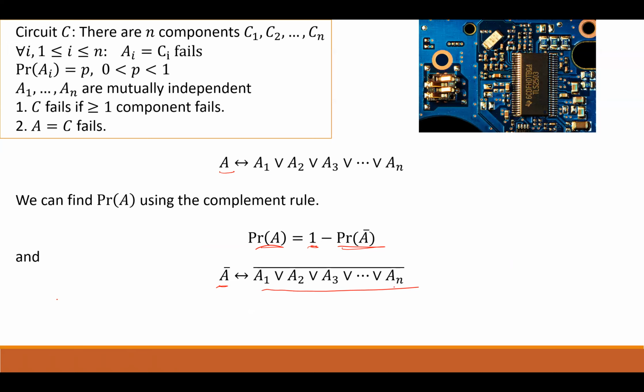We're mixing and matching here some set operations with some logical operations. But they're all sort of the same under the hood. So the complement of A is equal to the complement of all of these.